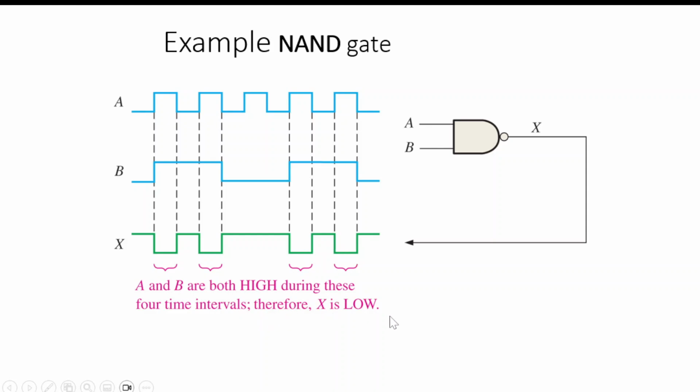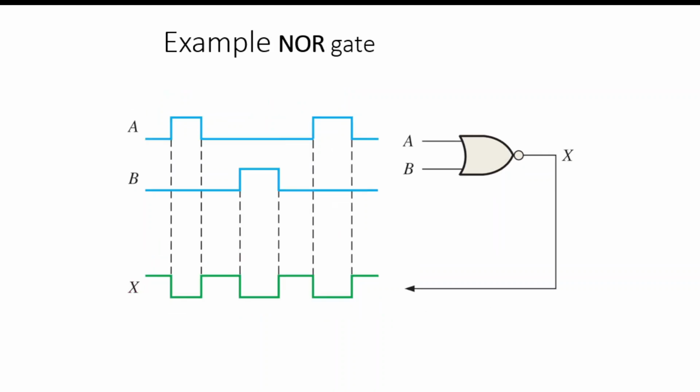Therefore, X is low. So that's a NAND example. A NOR example. So we see here, we've got a high and a low, and that equals a low on the output. If we look here, we've got a low and a low, that makes a high. And then over here, we've got a low and a high, that makes a low.